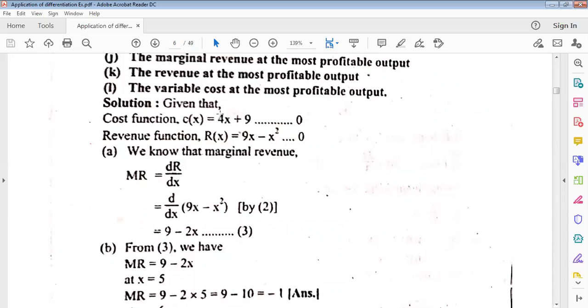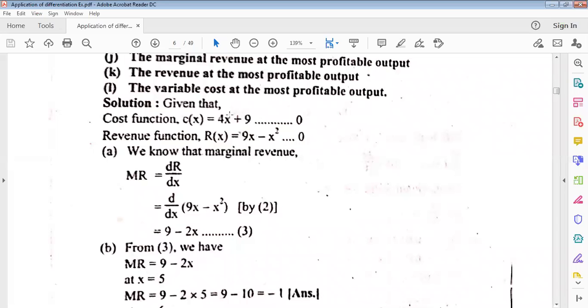Where the variable, the number of units x, is present, that is the variable part, and this is the constant part. The constant part is called fixed cost and the 4x part is called variable cost. Always remember it. In any cost function, variable cost will be the sum of all terms including x, the variable, and the constant term will indicate the fixed cost. Always remember it.